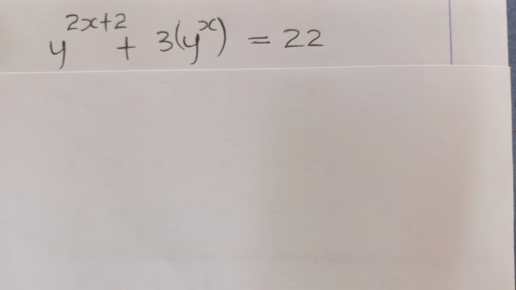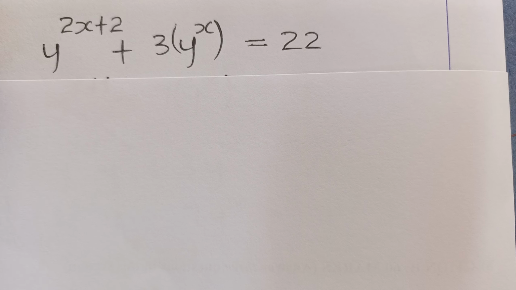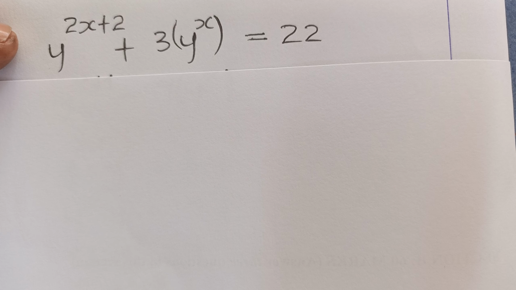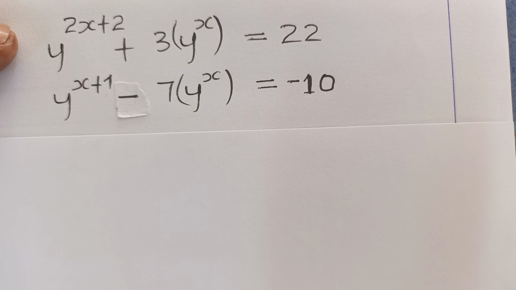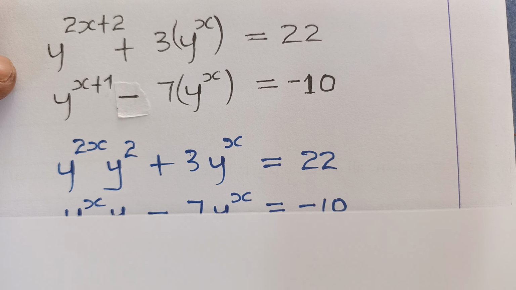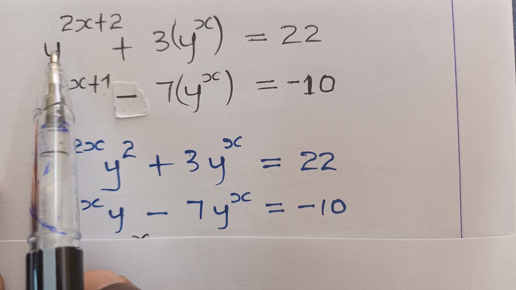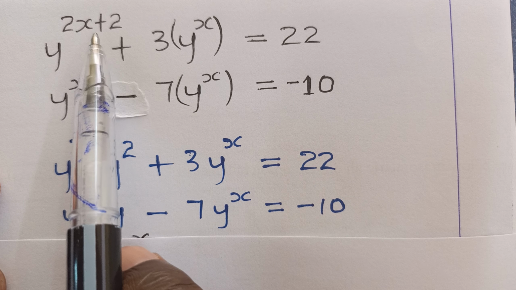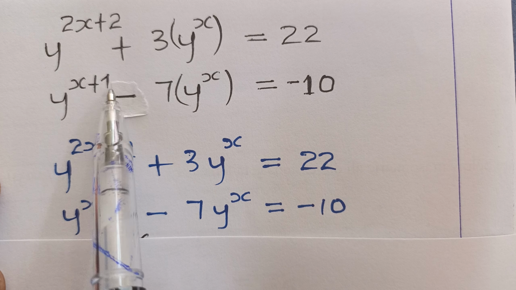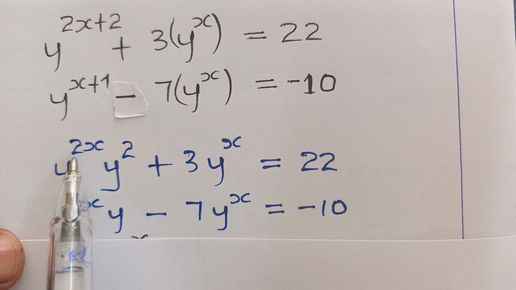I've already done it up to a certain step, but guys, before we reach that step, I can show you what I have already done. So the first thing I have done is that I have separated these powers, that is y raised to 2x plus 2 and y raised to x plus 1, using the laws of indices.